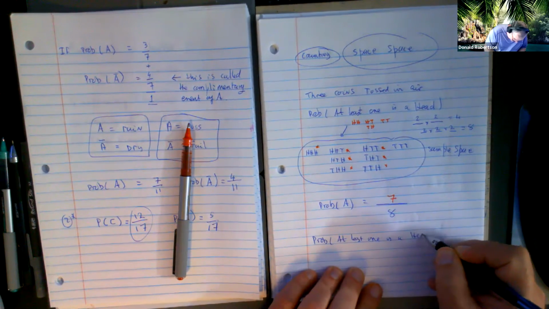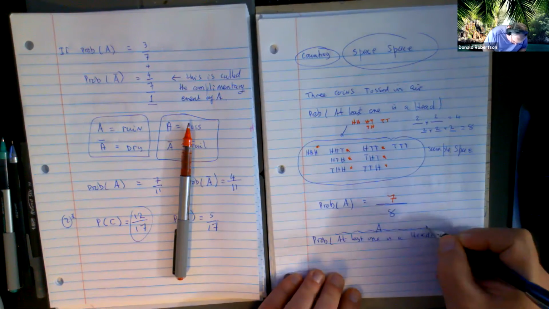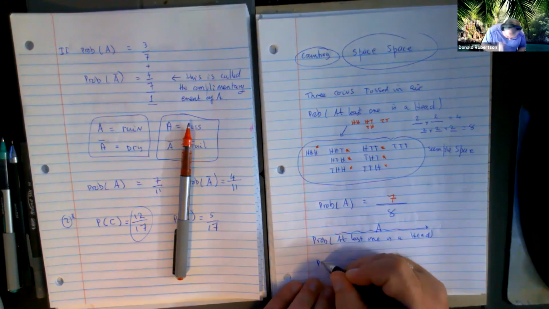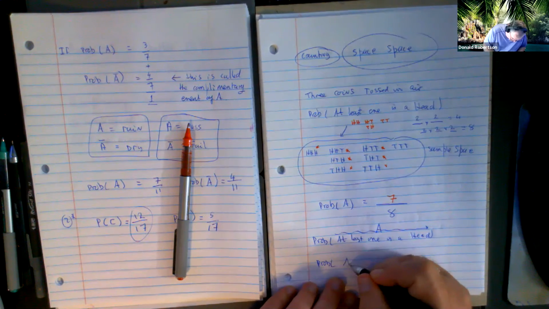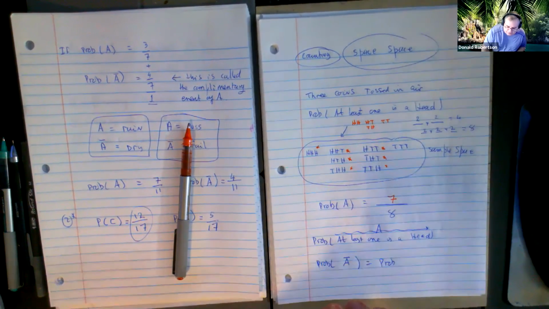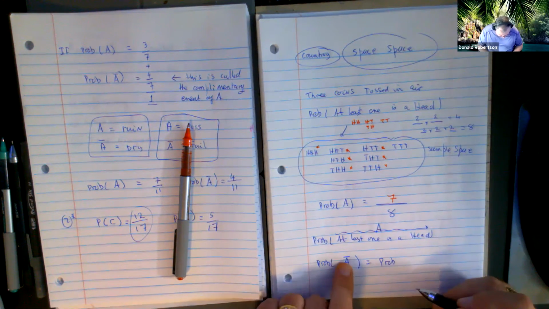Let's call that event A. Sometimes it's easier to find the complement of A. What you've got to think is the complement is the opposite of that.